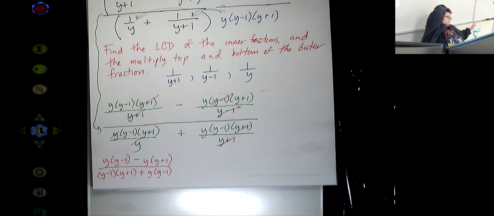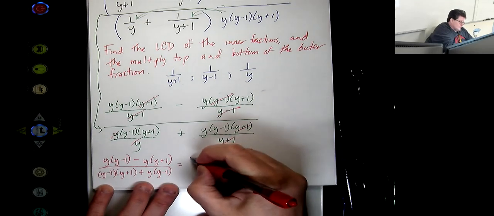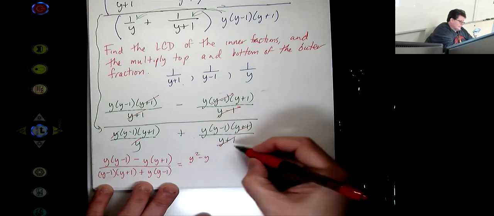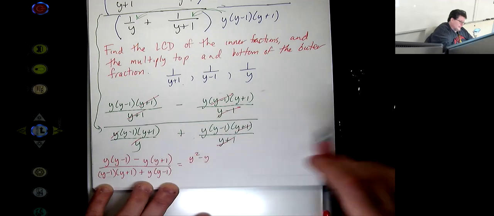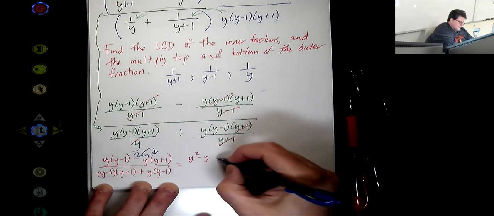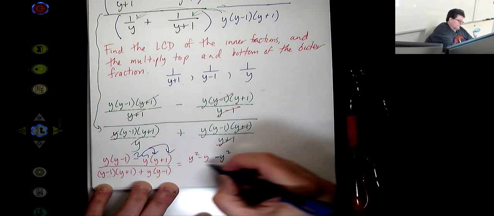At this point, we want to multiply it out and see what we got. So I've got y times y up here, y squared minus y. And then if I do negative y times y, I have minus y squared, and then minus y.